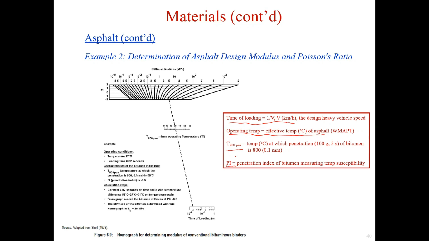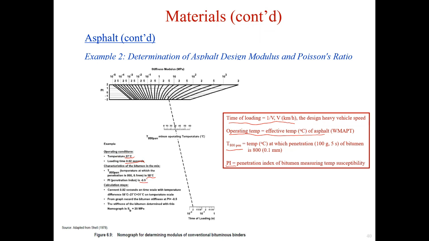So for this example, the operating conditions are temperature equal to 27 degrees, and loading time is 0.02 seconds. T800 PEN is 58 degrees, and PI is negative 0.5.